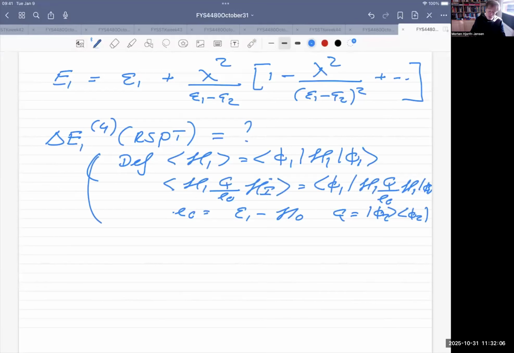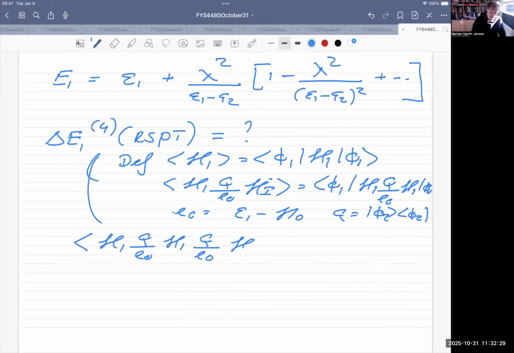So if I use this kind of shorthand, I'm going to get the following expression for many-body perturbation theory to fourth order with Rayleigh-Schrödinger perturbation theory. There's going to be a first term, which looks like q divided by E0, h_I, q divided by E0.